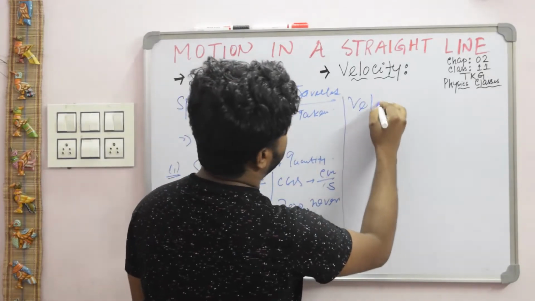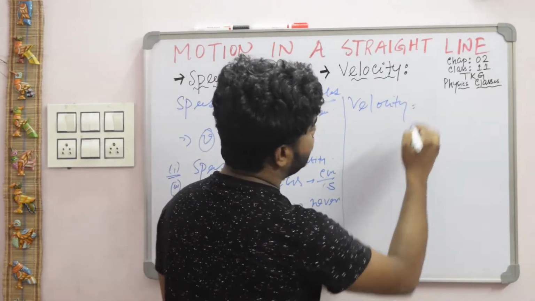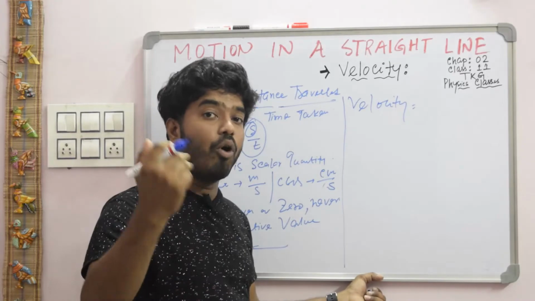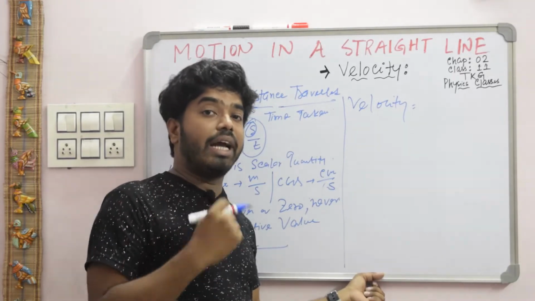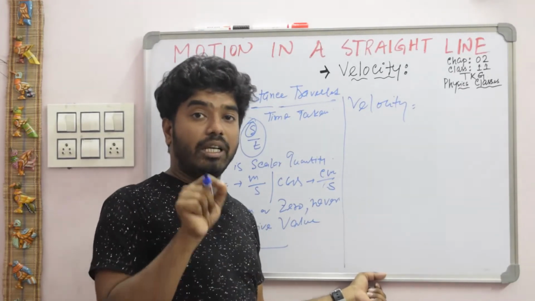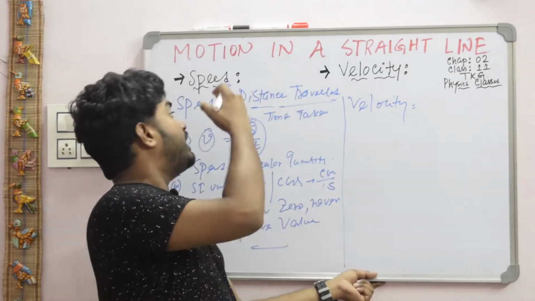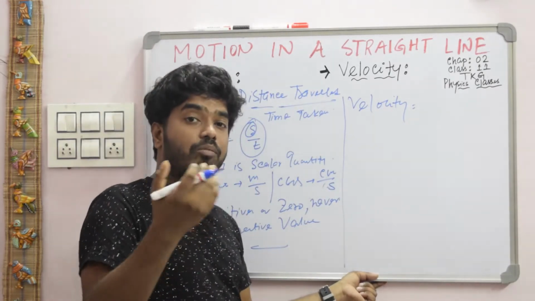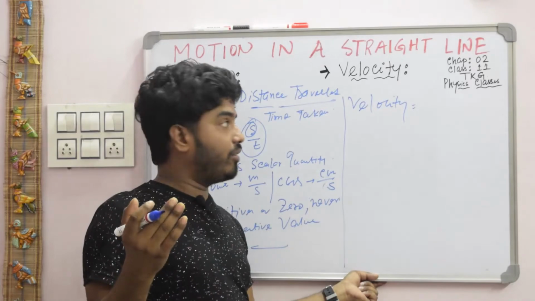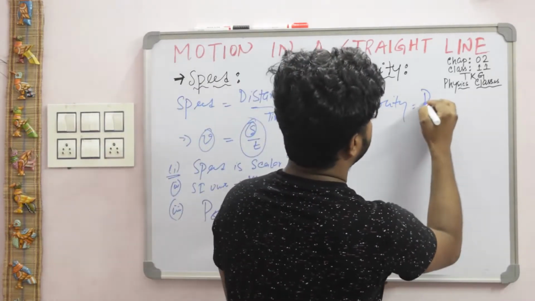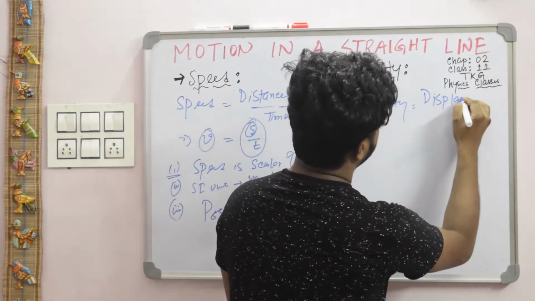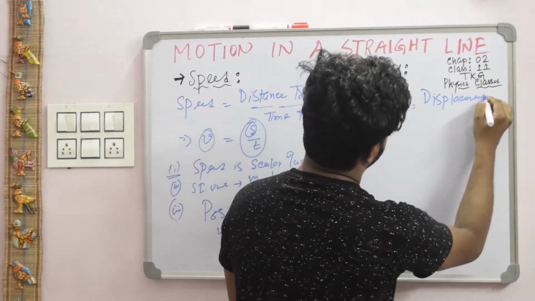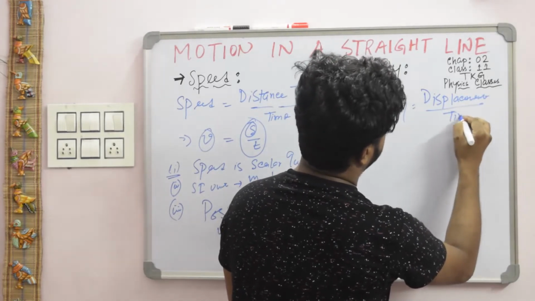Now what is velocity? Velocity means the rate of change of position of an object or of a body with respect to time in a given direction, in a particular direction, whereas speed is related to the rate of change of position of a body in any direction. So we can say velocity is equal to displacement by time taken.